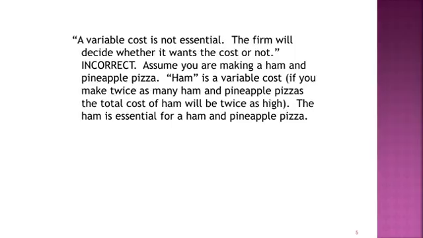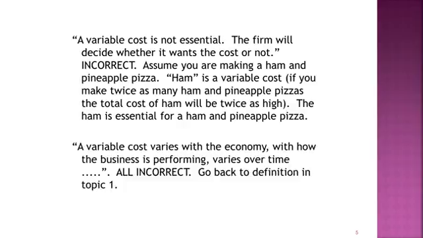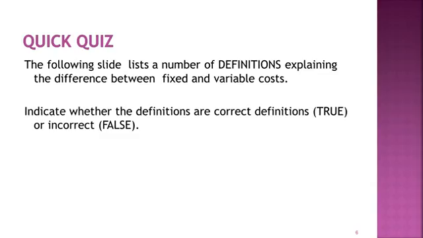So ham is a variable cost because the amount of ham that we use will vary in regard to how many pizzas we finally make. Saying a variable cost varies with the economy, with how the business is performing, and varies over time, all of that is incorrect. So remember that a variable cost varies in proportion with the number of units. So we go back to the definition in topic 1. These definitions are very, very strict.